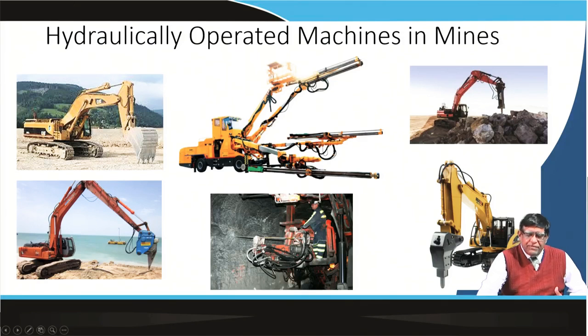You can see another piece of equipment used in underground metal mines, quite often called a drilling jumbo. While doing blasting in an underground mine, you have to drill a number of blast holes; 4 or 5 holes can be drilled simultaneously by these hydraulic drilling tools. Similarly, in surface mines you can see a rock breaker, by which big boulders are broken to pieces.